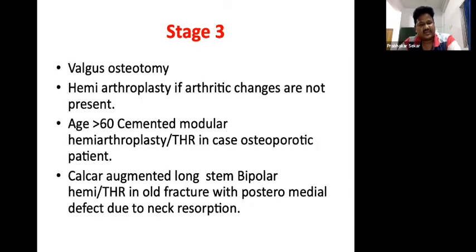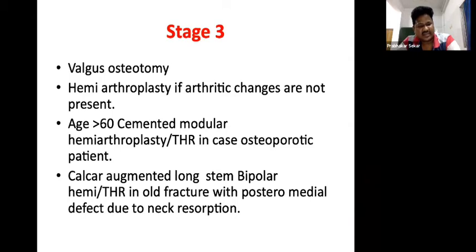Stage 3, there is some option for valgus osteotomy in younger individuals, but mostly, since stage 3 is a complete avian, that is, it shows signs of avian, you go with arthroplasty. So still bipolar, modular bipolar arthroplasty. For arthritic, there are no obvious arthritic changes.